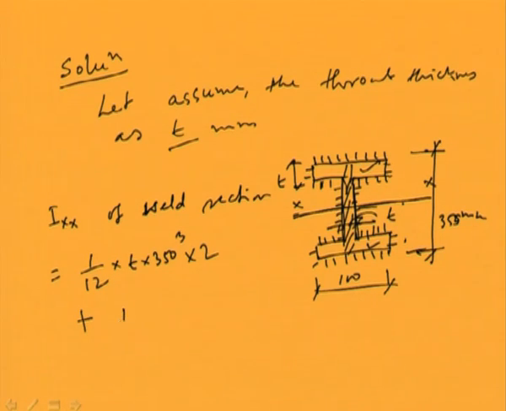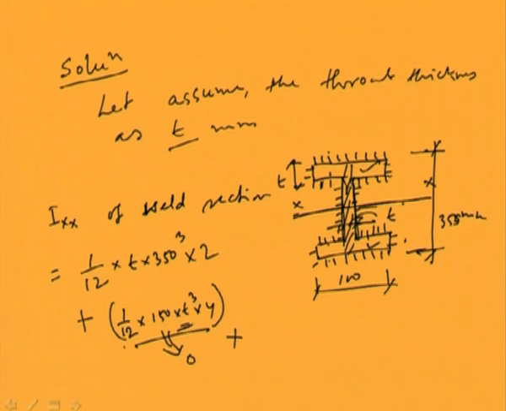That will be 1 by 12 into 150 into T cube into 4, since there are 4 sides: 1, 2, 3, 4. This is very small because T is very small, so we are going to neglect this and make it 0.